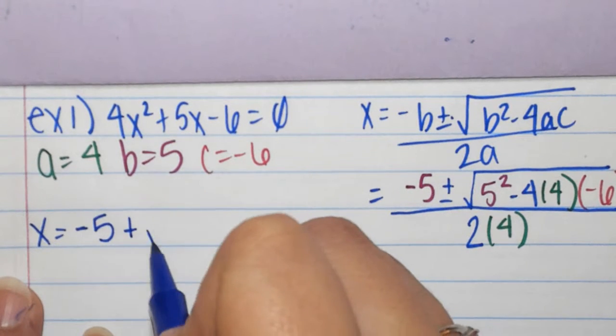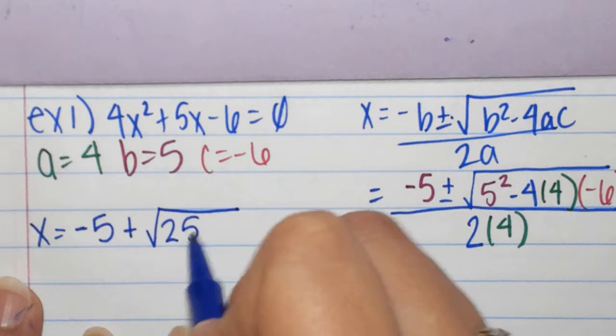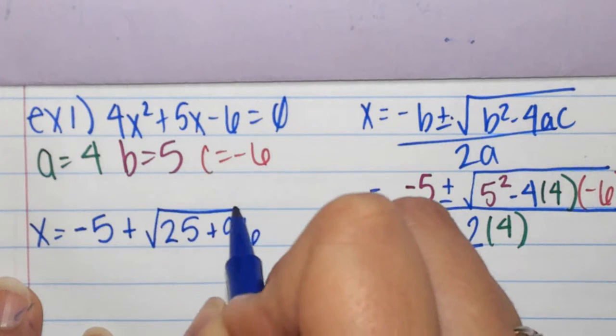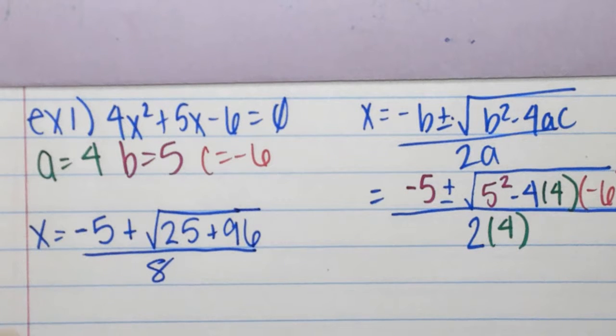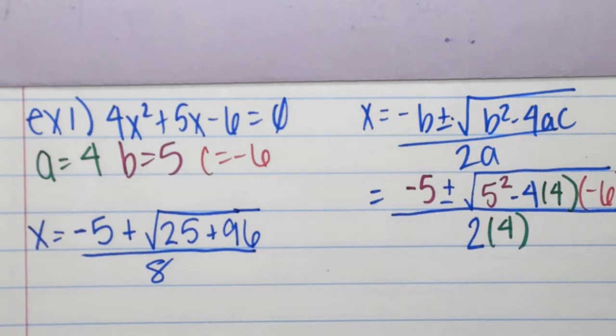I think I got it inside the first one. What'd you get? 0.75. Leave it as a fraction.